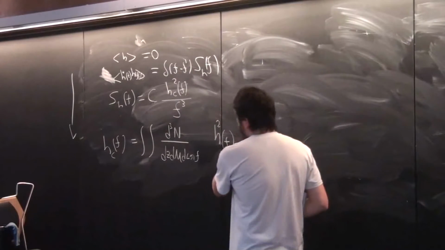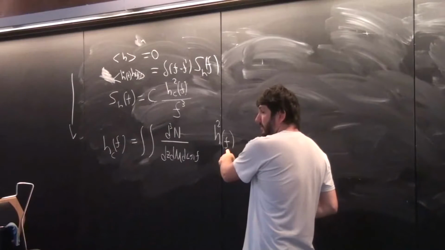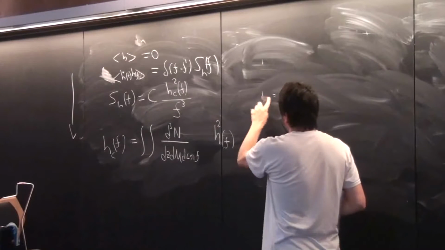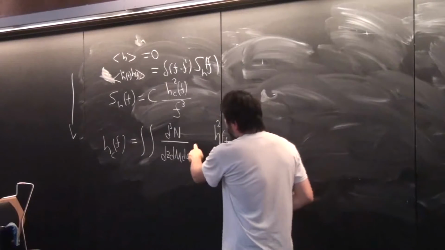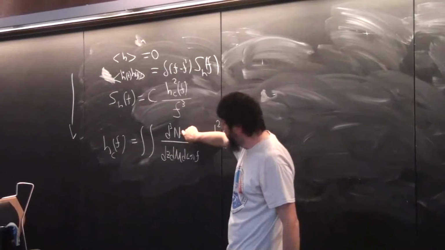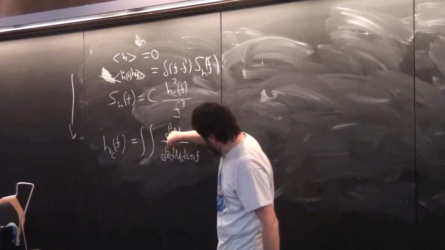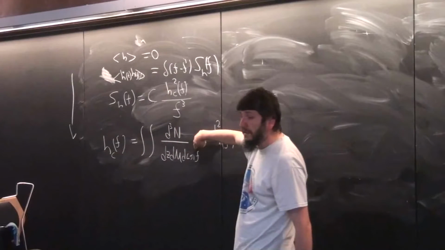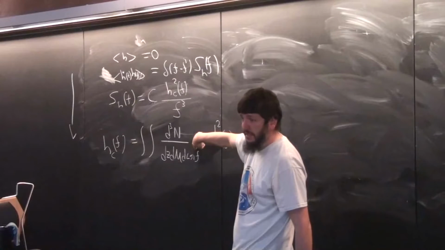So this is exactly the h that we saw before, h equal cosine omega, etcetera. And this is the differential number of sources in the universe emitting at a given redshift with a given chirp mass in a given logarithmic frequency bin.